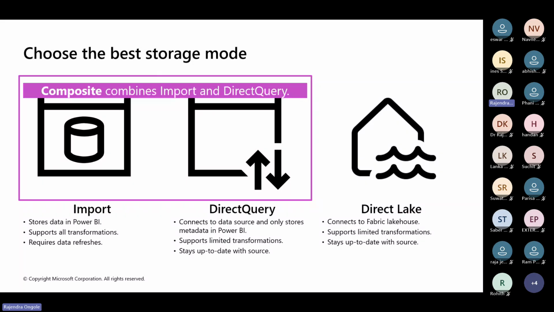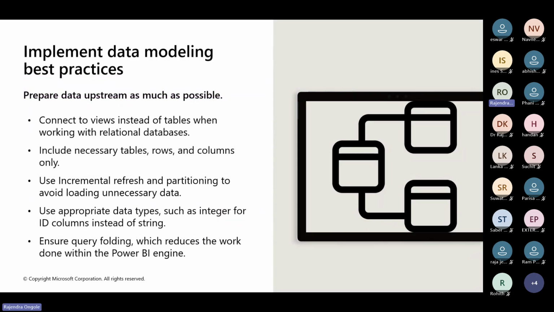Please keep in mind, we are currently discussing import and DirectQuery, and Direct Lake is something where we create a semantic model at the cloud front, in Microsoft Fabric cloud. Got it?